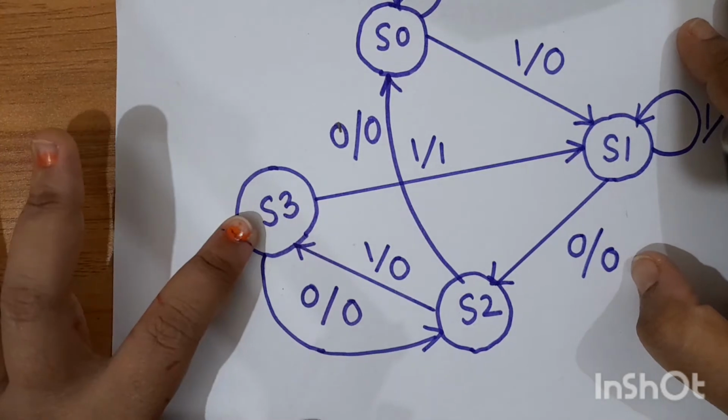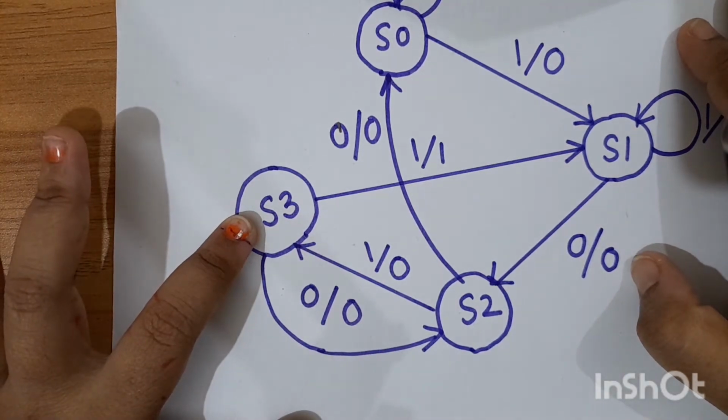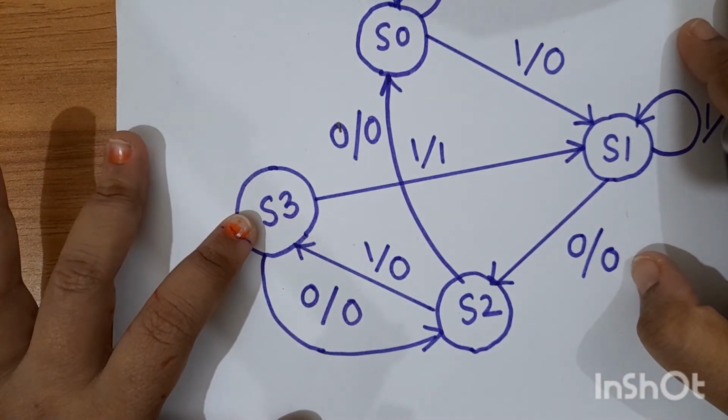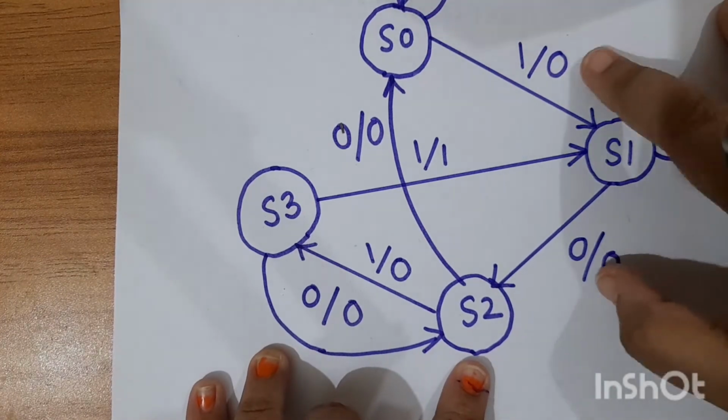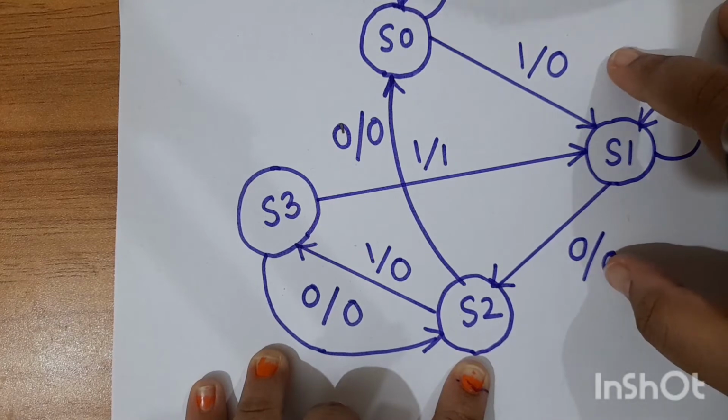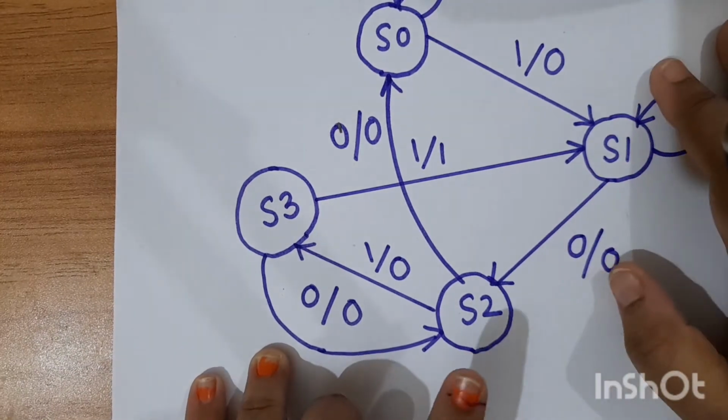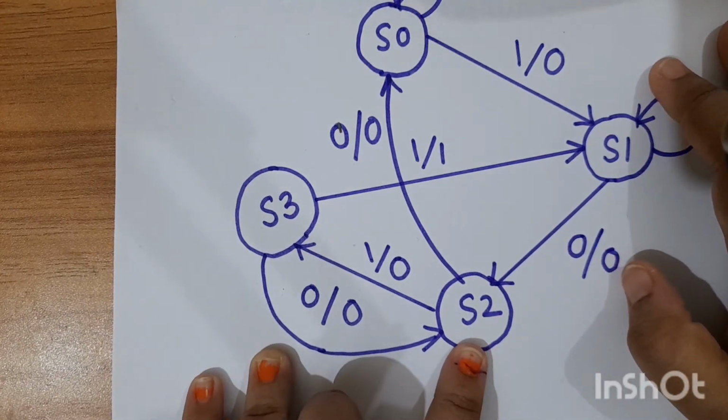In S3 stage, that is after 101, if I get 0, that is 1010. Okay, then I go back to the S2 state. In S2 state, what was there? 10. 10 was already there. It was hoping for another one.